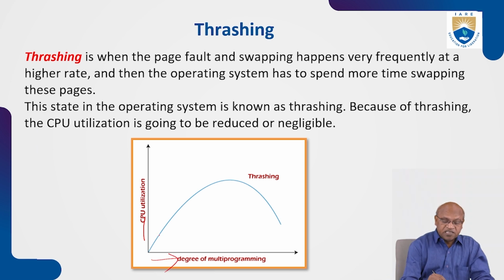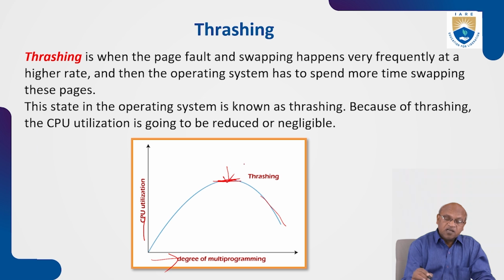So thrashing means swapping of pages is taking place at a maximum peak. Swapping in, swapping out is maximum. So at this particular point, the efficiency and CPU utilization come down with increasing multiprogramming. So this is called thrashing.